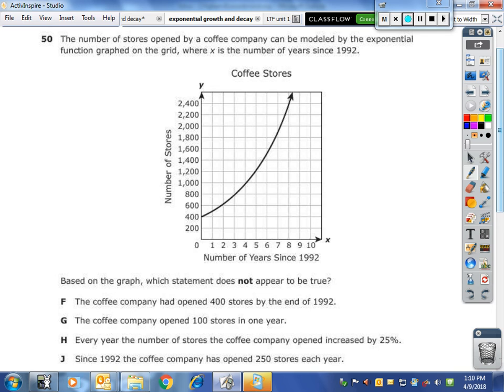It's not linear, because obviously it's not a straight line. And beware of the word not. They used to, for a couple of years, they didn't even bold it. I think they're going back to bolding it, but still watch out for that. Let's see which one's not true.